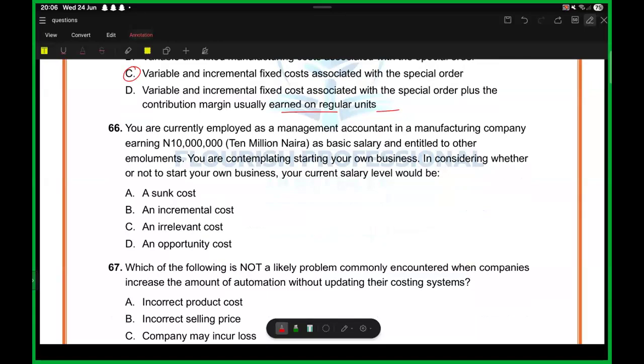You are contemplating starting your own business. In considering whether or not to start your own business, your current salary level would be... All right, this one is very simple. What will be the answer?